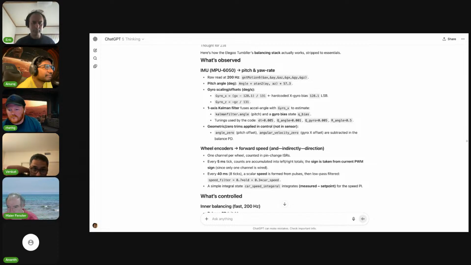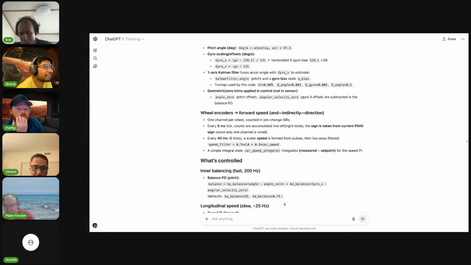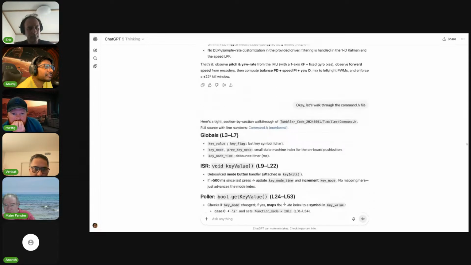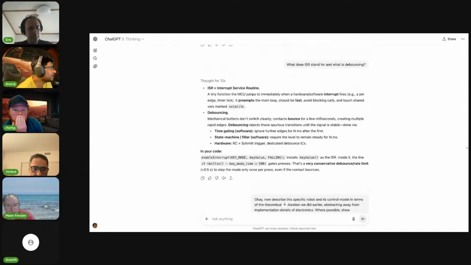It looks like a basic PD controller with an observer on the IMU angle reading. It works as the theory you would expect, but it's fairly naive. It doesn't do any more sophisticated stuff. It says that the firmware doesn't have any masses and inertia.